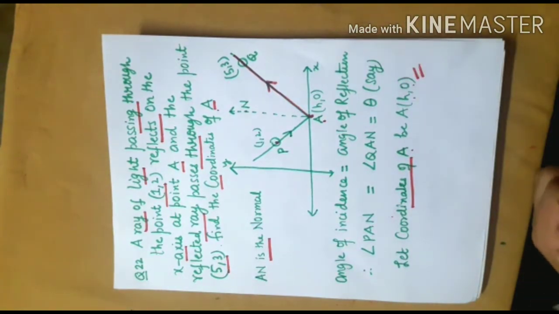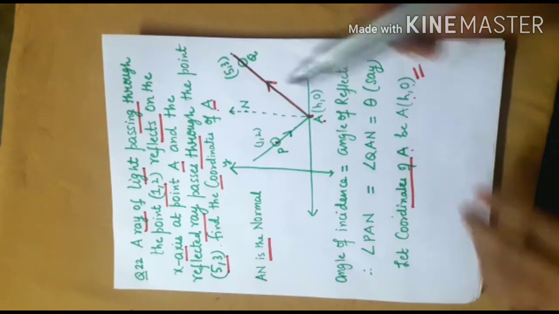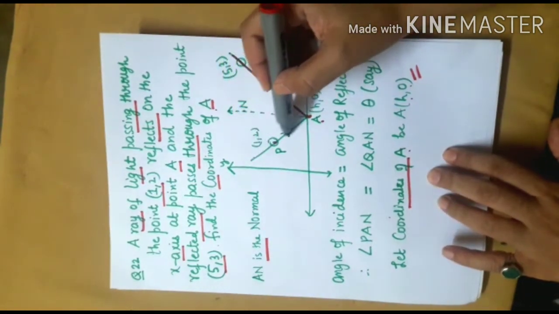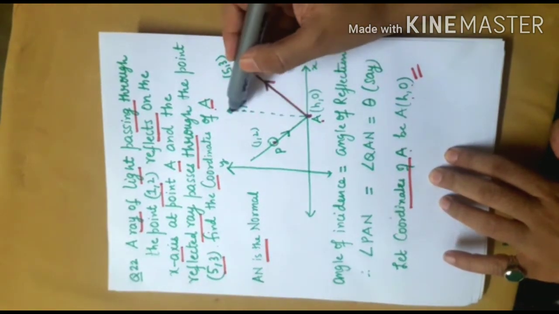In your class 7th and in your class 9th, you learnt about laws of reflection. And you learnt that angle of incidence is equal to the angle of reflection. Now, angle of incidence is the angle formed between the incident ray and the normal. This is the incident ray and this is the normal.